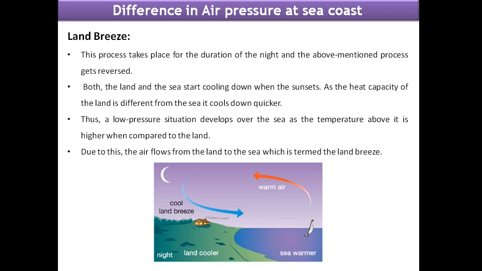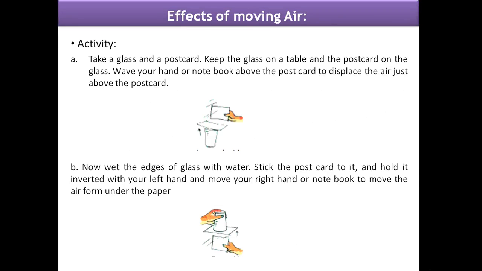Thus, a low pressure situation develops over the sea as the temperature above it is higher when compared to land. Due to this, the air flows from the land to the sea, which is called the land breeze.